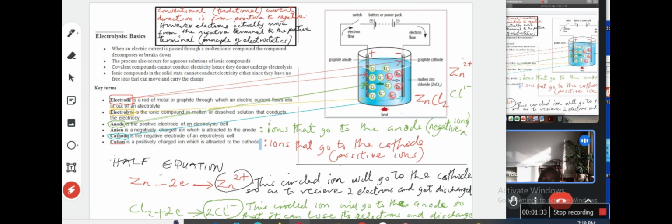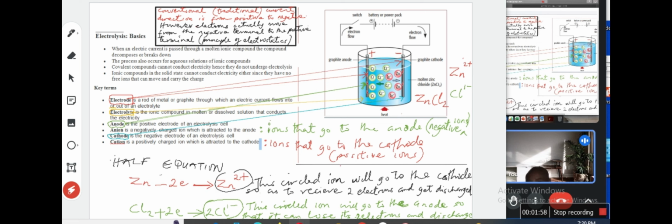Ionic compounds are formed when a positive ion joins with a negative ion, like sodium combining with chlorine. They don't conduct electricity because their ions can't move.